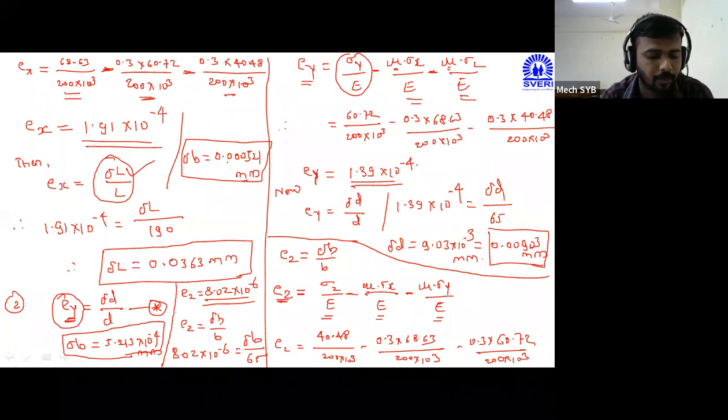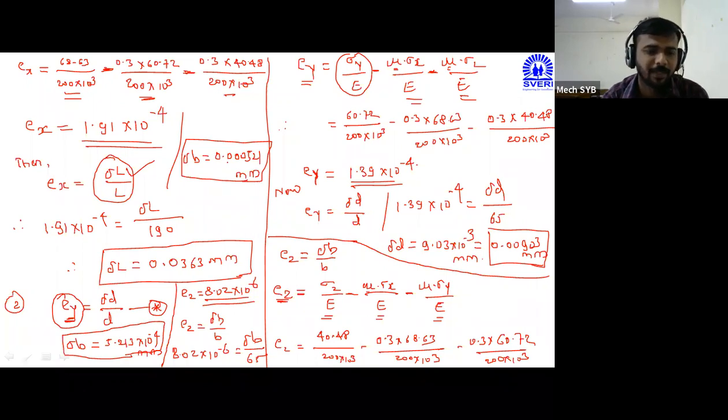If you write it as it is, 5.44 into 10 raised to minus 4 mm with the unit, that answer is also accepted, no problem. But if possible, try to write it in the form of 0.000544 mm like that.